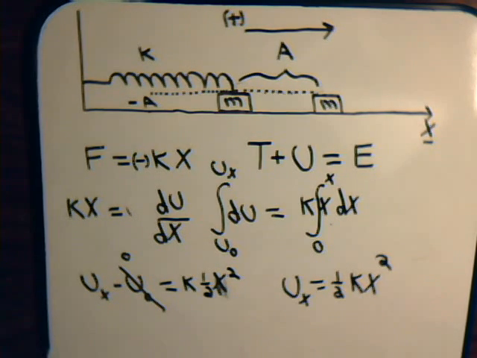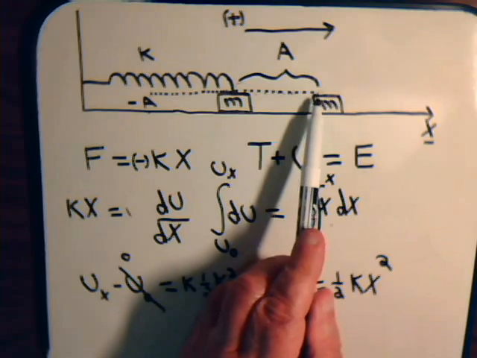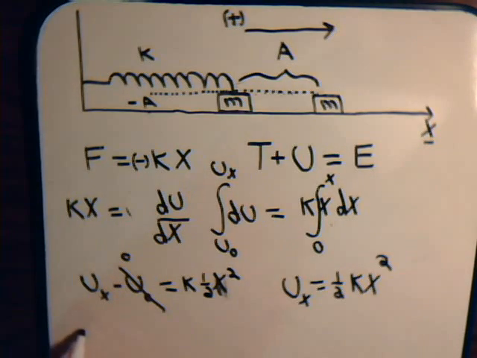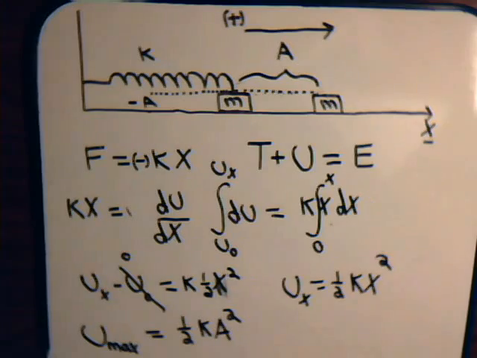Now, what would be the maximum potential energy? Obviously when x is at its maximum value, A. So U maximum will equal 1/2 k times A squared.